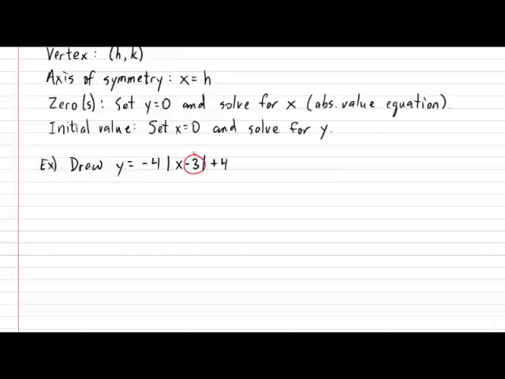The -3 that you see here, the danger is that many students will believe that the value of h is -3. But in fact, it's actually +3. And here's why. Remember that the expression is normally written as x subtract h.